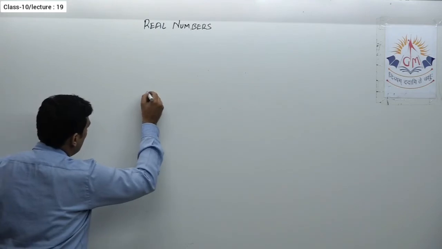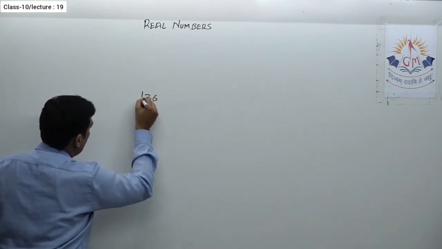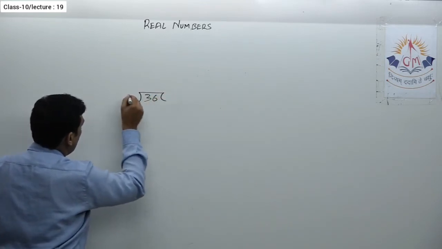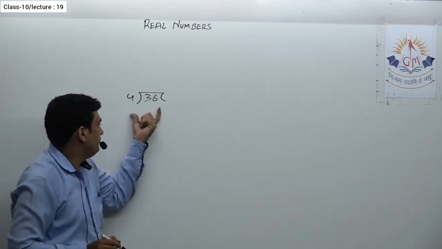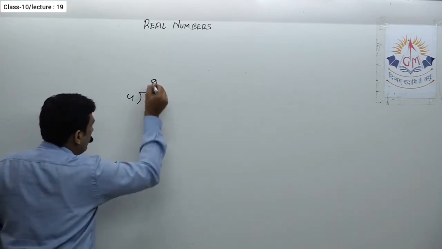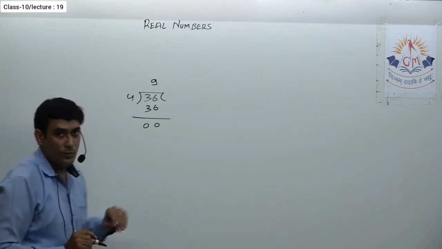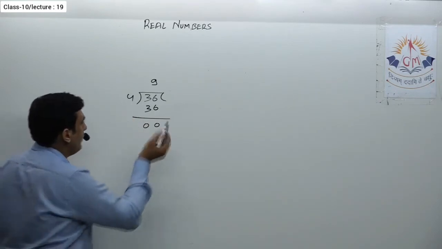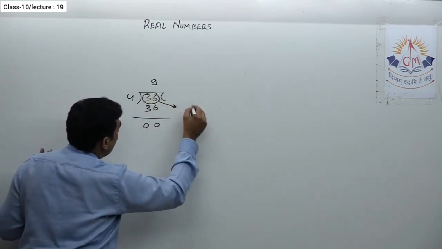Suppose we have the number 36, and if I divide 36 by, for example, 4, I have to read the table of 4, 9 times to get 36, and here the remainder will be 0. This is a very obvious thing that you already know. Now what we have to see: this 36 is actually called the dividend.